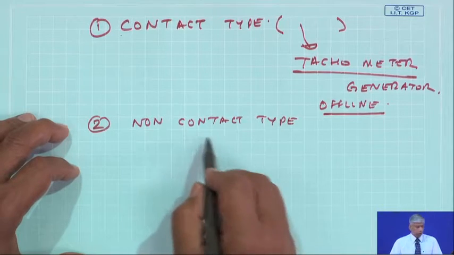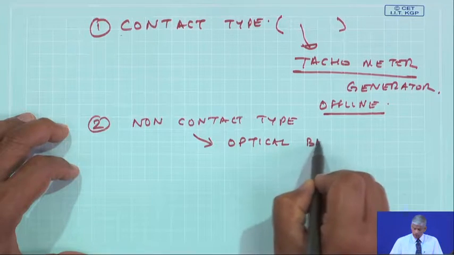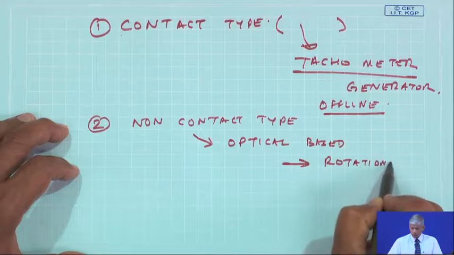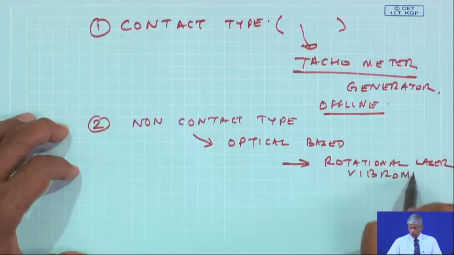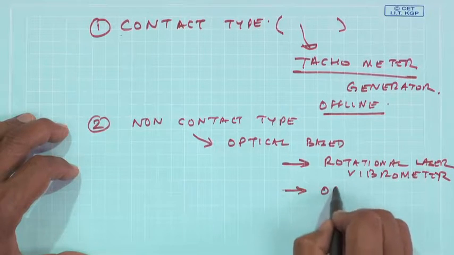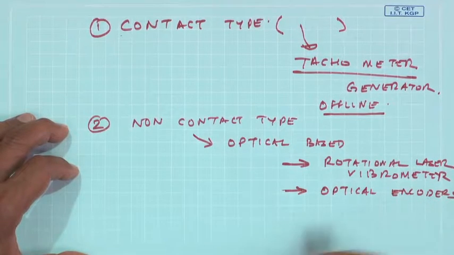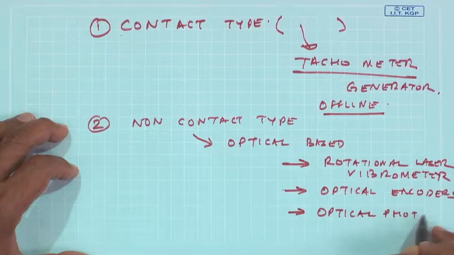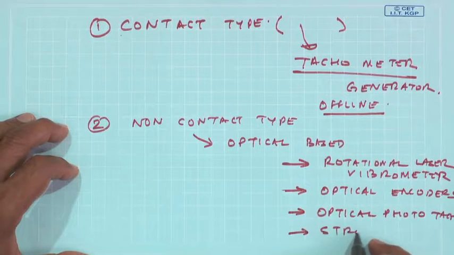The previous two which we talked about, then we have a lot of this optical based measurements, like we could have used the rotational laser vibrometer, but they are very costly. But then you can use the optical encoders, and of course, you have the optical phototach, or we also have what is known as the stroboscope.